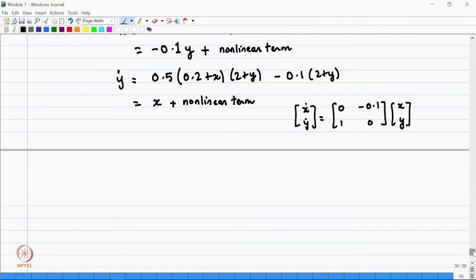So this is what our linearized system looks like. Now, eigenvalues, clearly the eigenvalues are purely imaginary. Lambda is equal to plus minus square root of 0.1 i. So, purely imaginary.